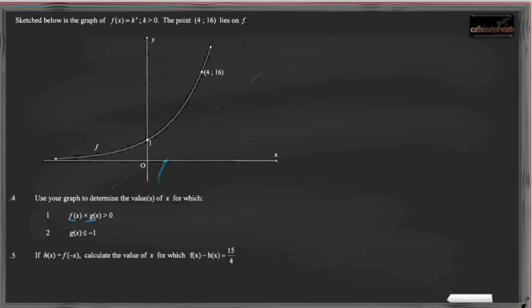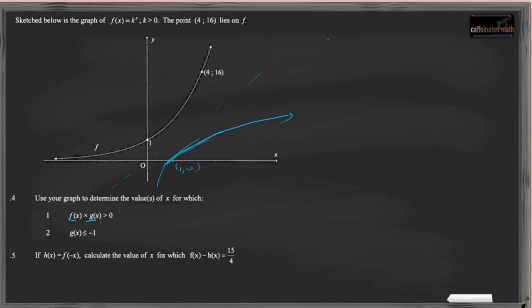So we had that. So that's (1, 0) right over there.